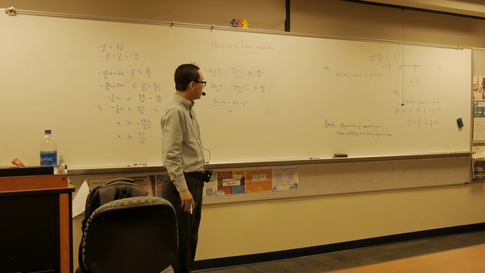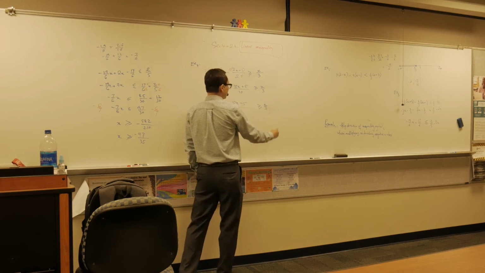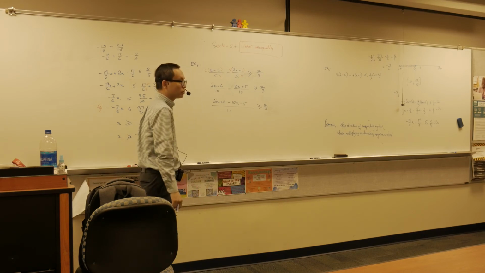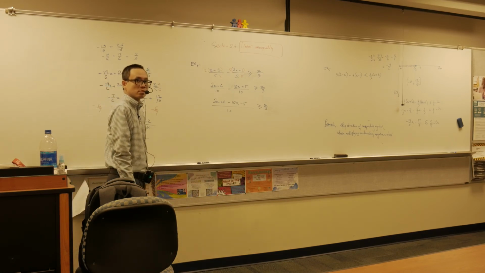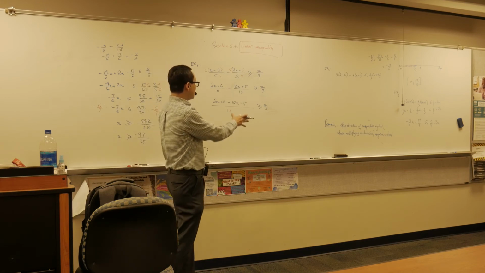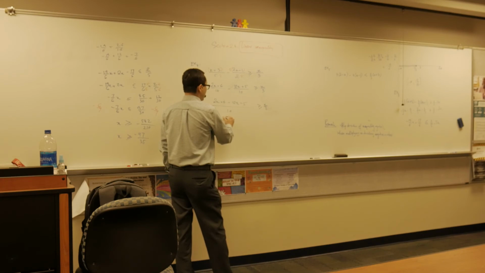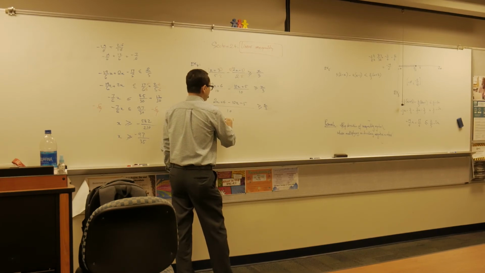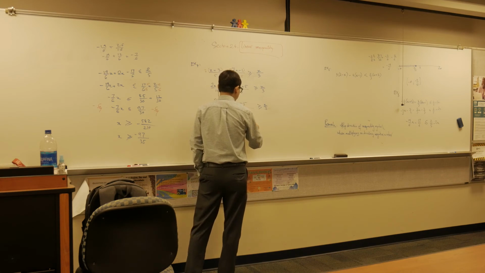Okay. Greater than or equal to x over 3. Okay. So right now it's just combining like terms. So you have 2x minus 10x is negative 8x, plus 1 over 10, greater than or equal to x over 3.